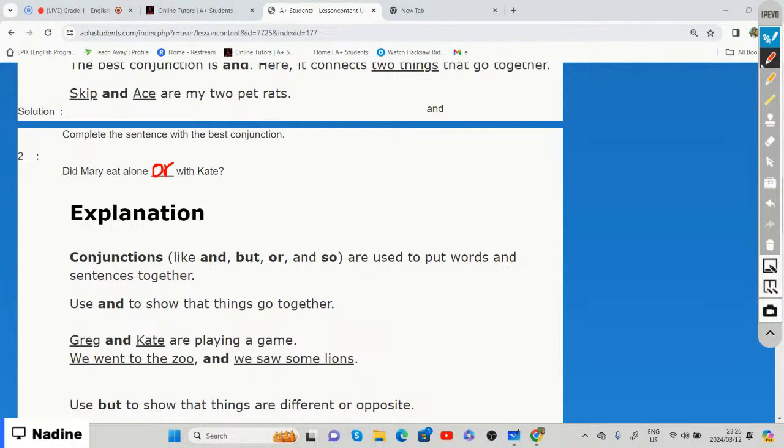Because she has a choice. So we use the word or, right? And or will basically put those two words or sentences together. So or is correct. So well done.